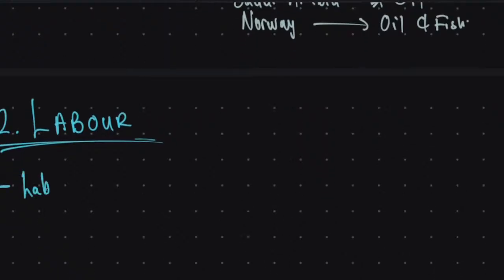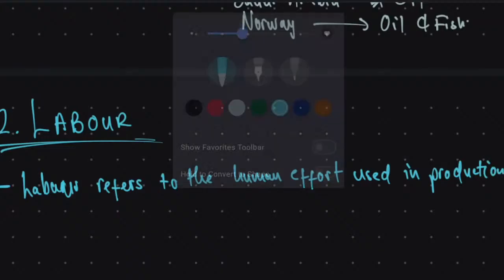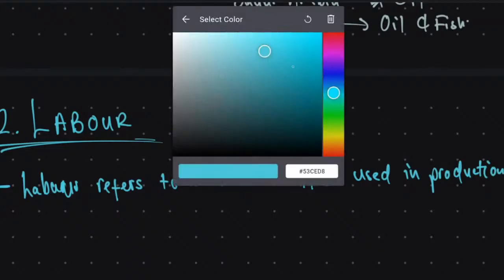What is labor? Labor refers to the human effort used in production. When we talk about labor, we are talking about human effort.